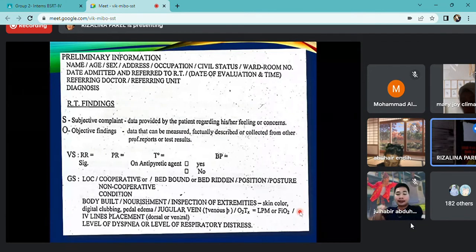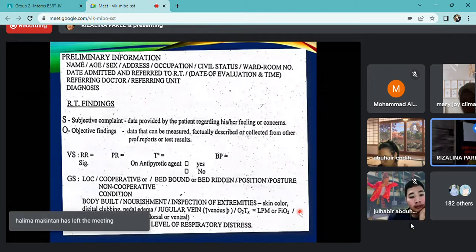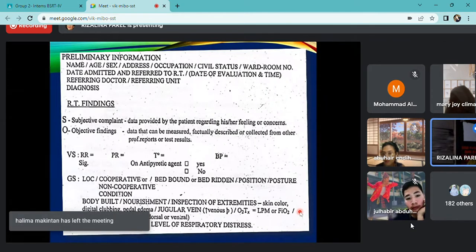And then you check also yung other gadgets na attached sa patient mo, like oxygen therapy, ilang liters per minute, ilan ang FiO2, dapat naisulat mo yan sa charting kung mag-chart na ang RT. Okay. And of course, yung IV lines placement, nasa dorsal ba o nasa ventral.